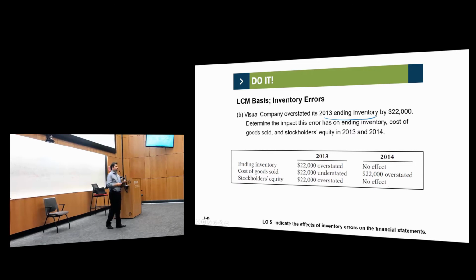Again, because in this case the effect will be in a way offset, and plus you remember that the ending inventory will have no effect on ending inventory of 2014. So those two things, okay? Because it will be offsetting each other.